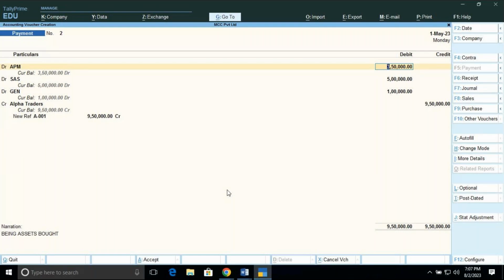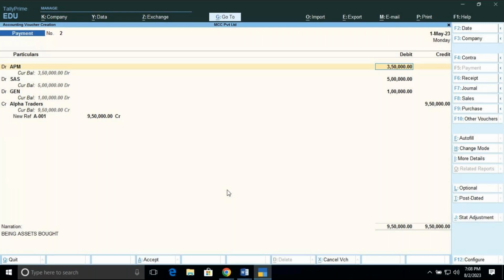Here, I did not mention cash or bank, but a party's name is given, Alpha Traders.